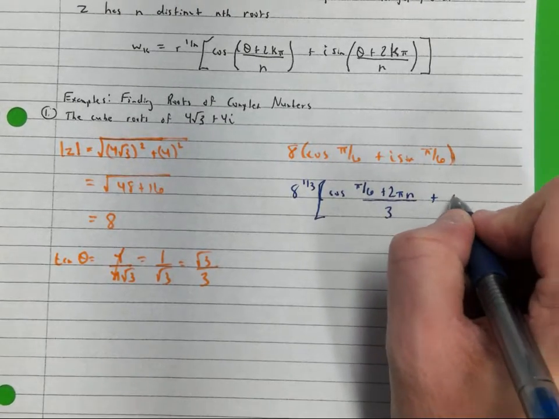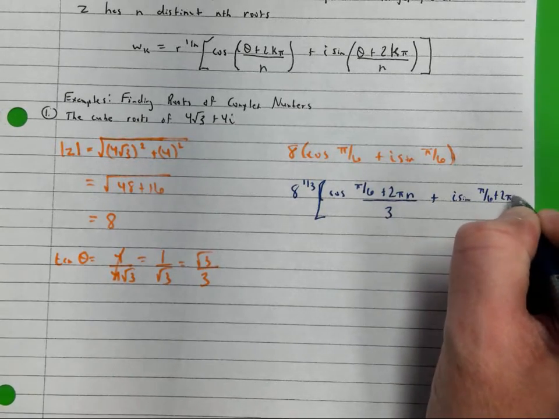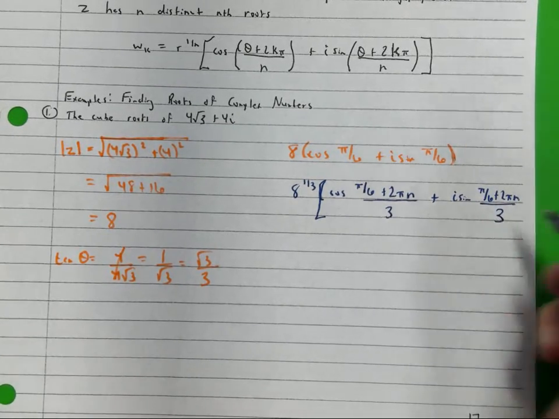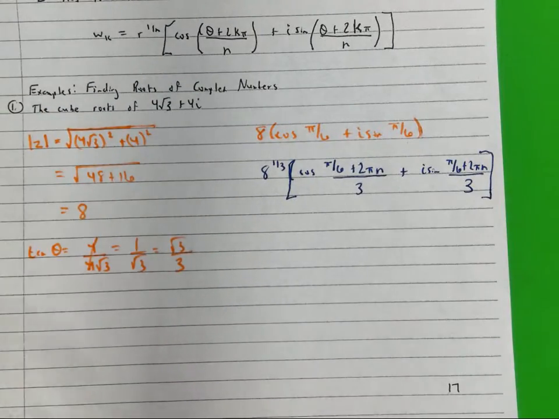I'm going to explain this in just a minute. So we took the 8, we raised it to the cube root, 1/3. This is what the formula is telling you to do.